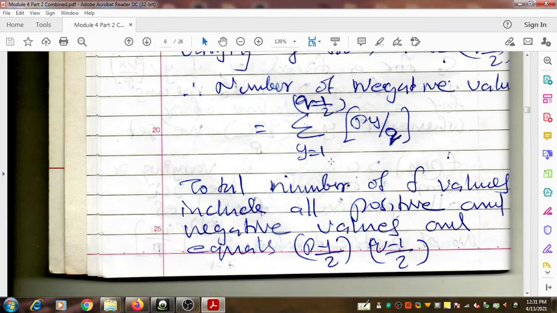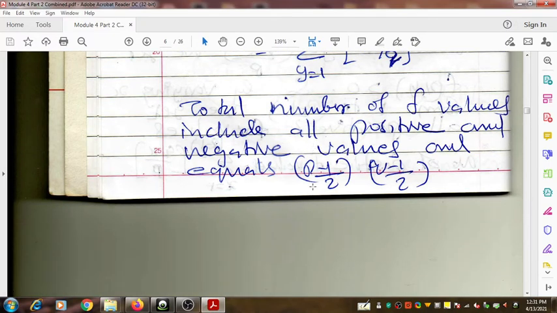Therefore the total number of function values equals the total number of positive function values plus the total number of negative function values. And also we know, in an independent way, that the total number of function values is equal to p minus 1 divided by 2 into q minus 1 divided by 2.